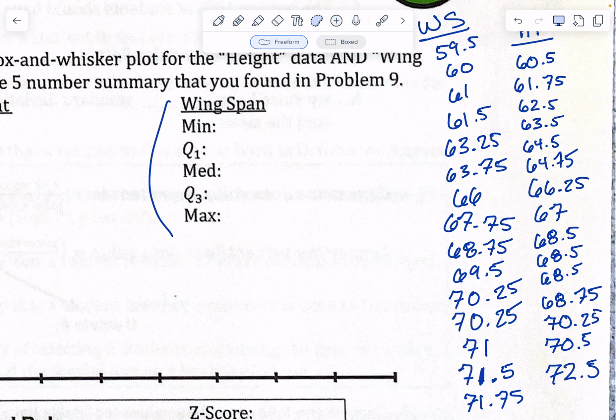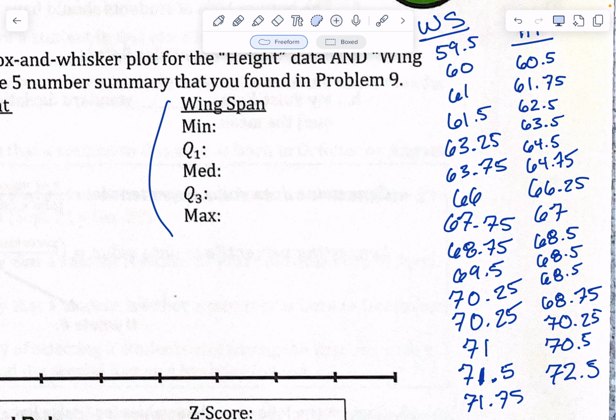You didn't find an exact Q3? You should have an exact Q3, because there should be 7 numbers in the first half and 7 numbers in the back half. Right? Median. Yes.